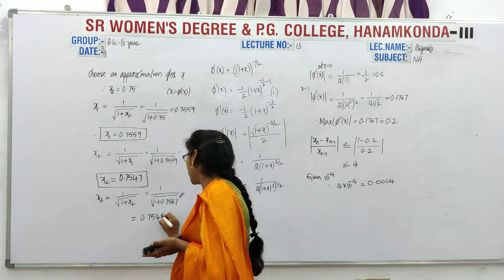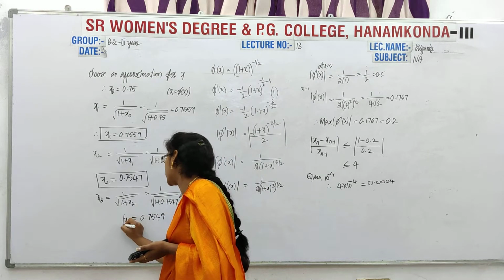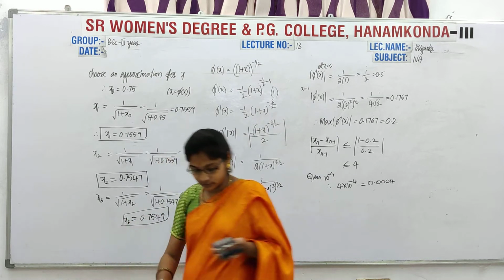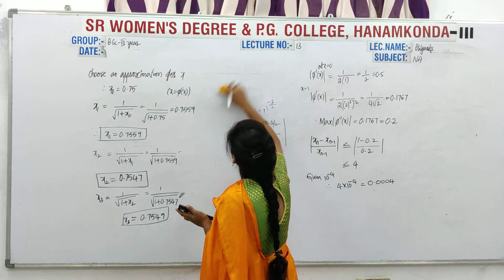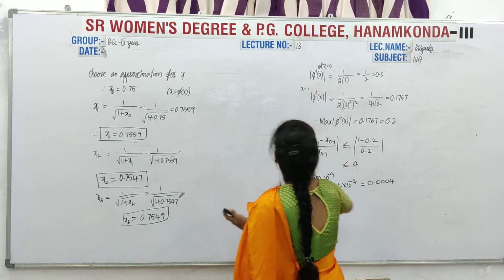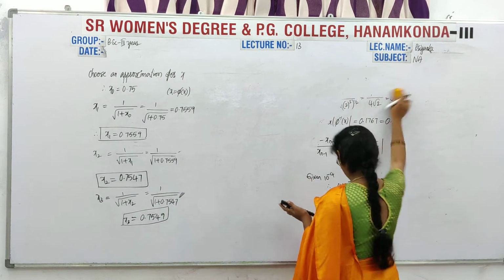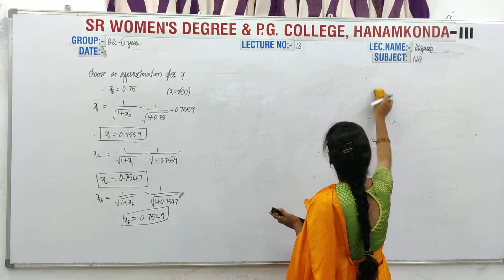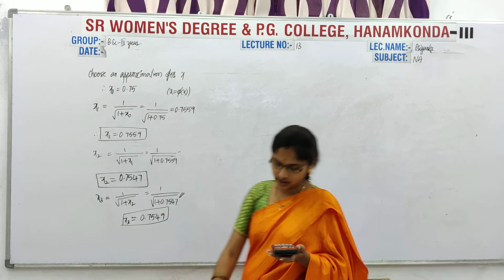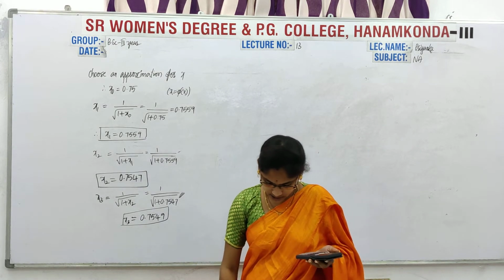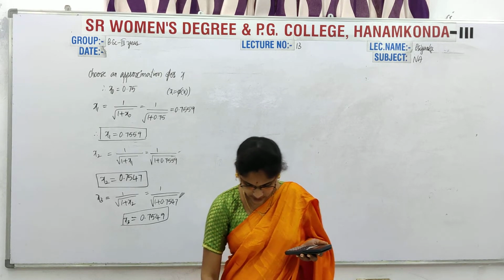So I am taking 0.7549, and this is nothing but x3. Obviously 3 digits are the same, right?